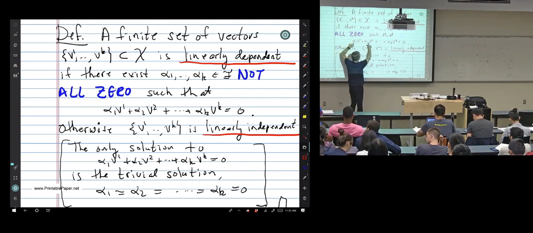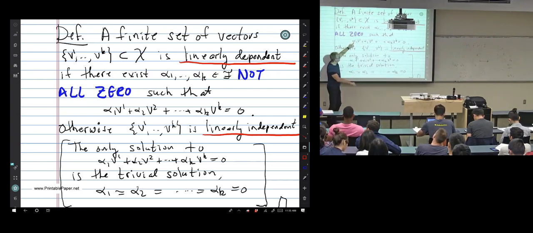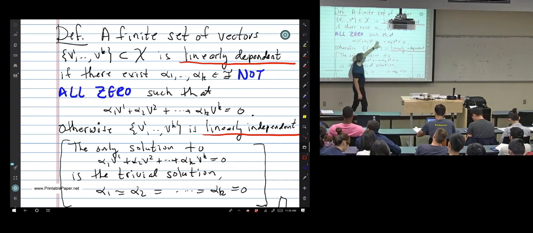If there's another solution besides the trivial one, it's trivial because it's always true, 0 is the solution, then the vectors are dependent. But if the only solution is the trivial solution, 0, 0, 0, 0, 0, then it's independent.